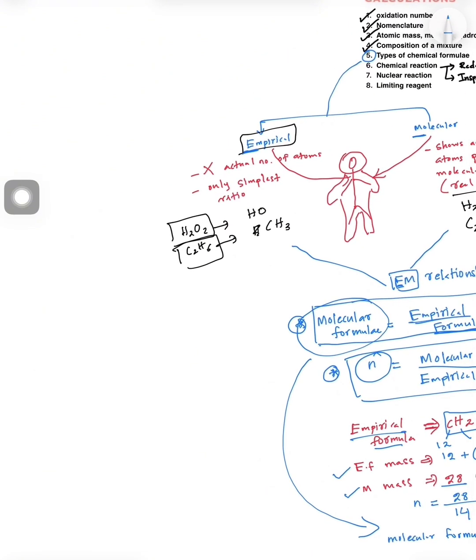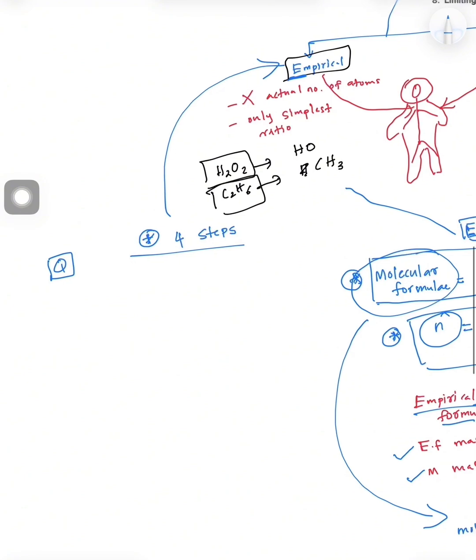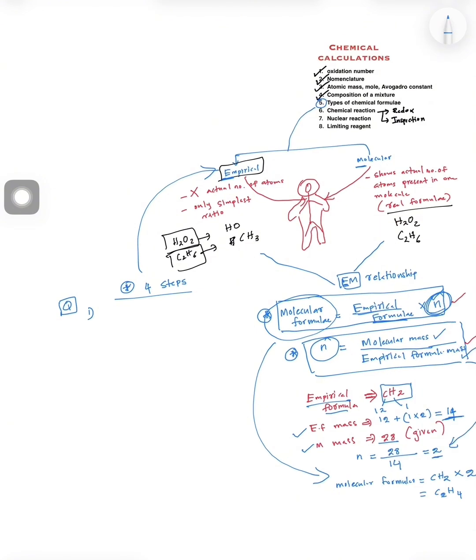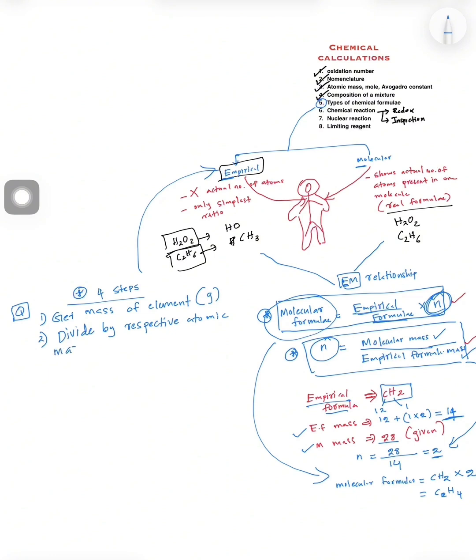There's something very important we have to learn. We have 4 steps to determine the empirical formula. You can use these steps to identify the empirical formula, and from the empirical formula you can find the molecular formula. The first step is to get the mass of each element in grams. The second step is to divide by the respective atomic masses to get moles.